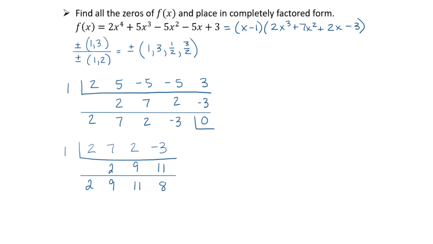And in fact, I see that all of my numbers in this row containing the quotient and the remainder are positive numbers, and I've put a positive number through the synthetic division table. There's another theorem that we won't look at now, but it says that if this happens, then 1 is an upper bound for that polynomial.